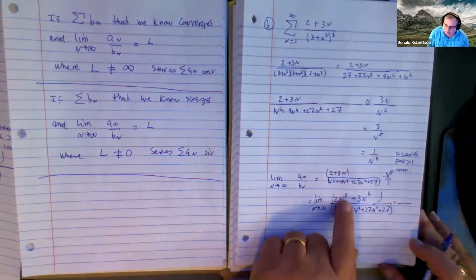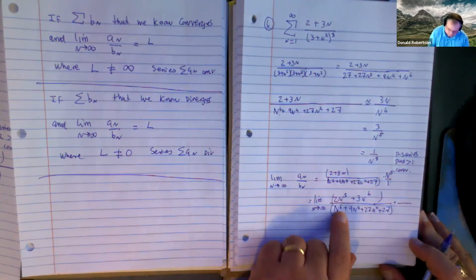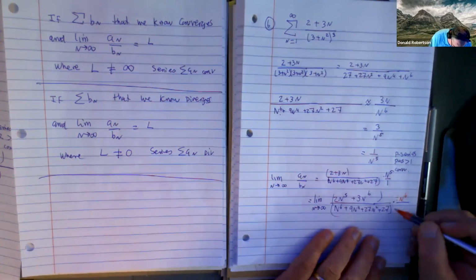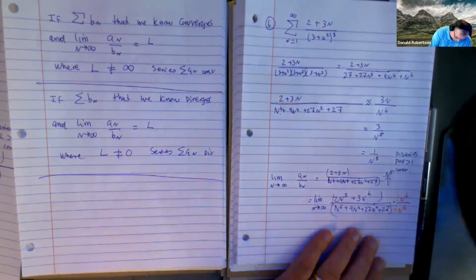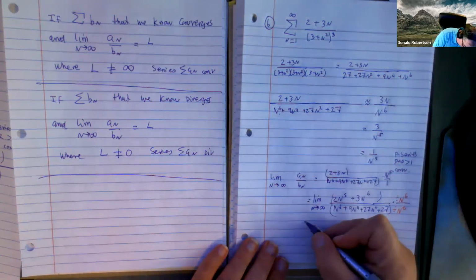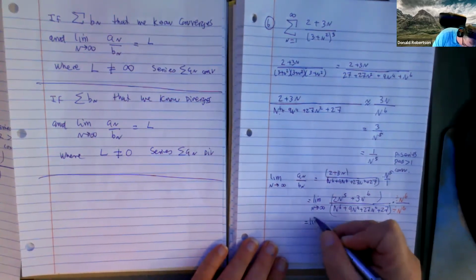Okay. Polynomial, biggest power is 6. Divide top and bottom by n to the 6 is a good strategy, rather than doing L'Hopital lots of times.